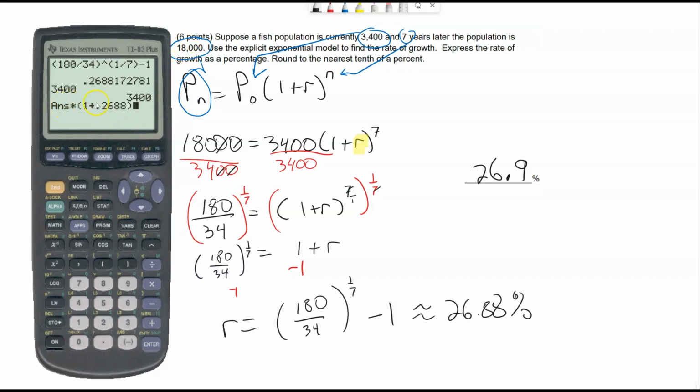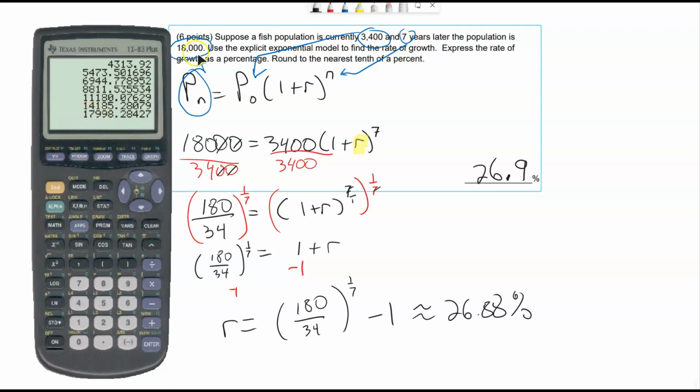So when I multiply by 1 plus r, that'll be after 1 year. So this is 1 year. That number is now in the answer spot, so if I hit enter again, it'll grow this by 26.88%. This is 2 years, 3, 4, 5, 6, and 7th. After 7 years, we're basically at 18,000.